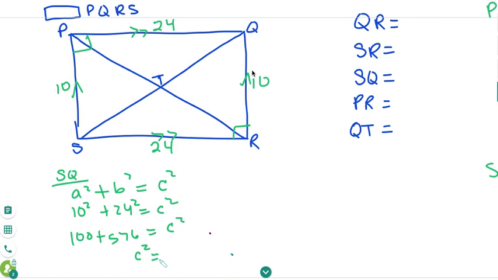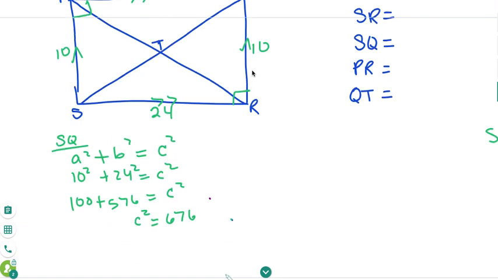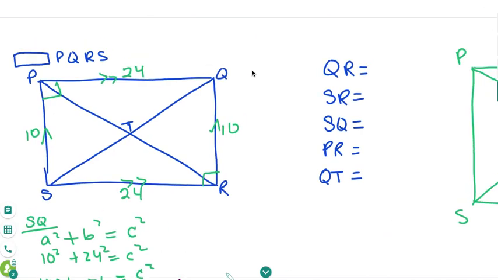C squared is 676, so take the square root. C is going to equal 26. Okay, what that means then is SQ is going to be 26.